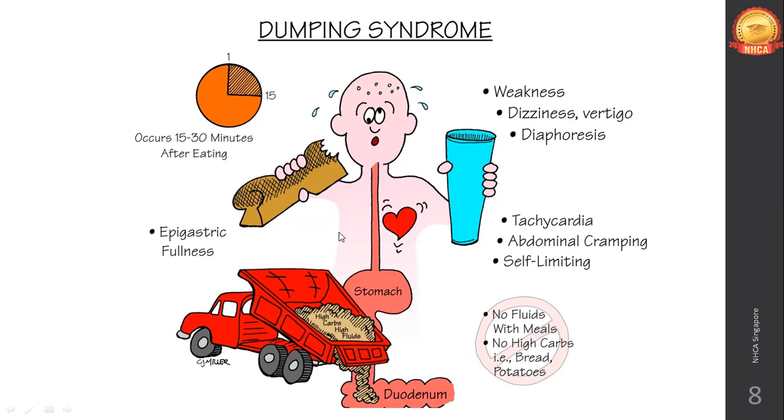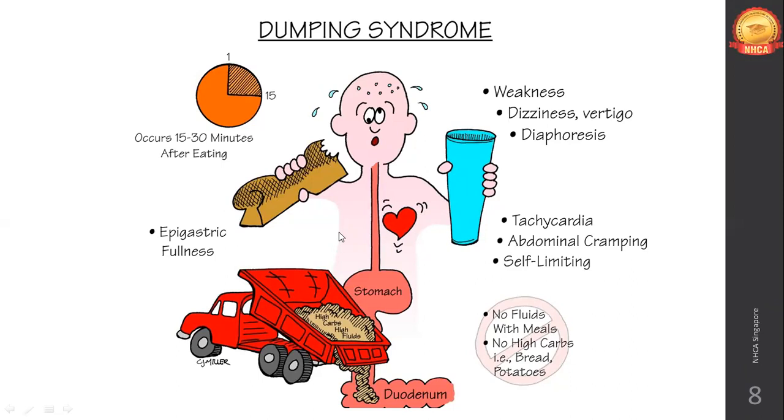Okay, so in this situation, as soon as the dumping happens, the patient will witness certain symptoms like weakness, dizziness, vertigo. The patient will feel like they will fall. Okay, they can't sleep, they can't sit. When they have too much food, you feel that agitation.